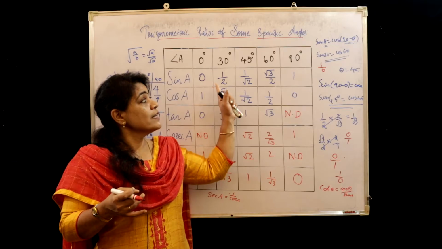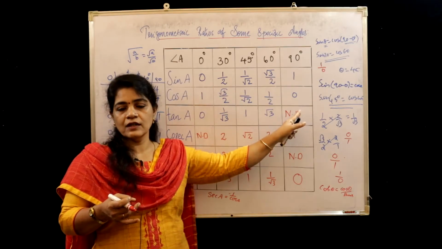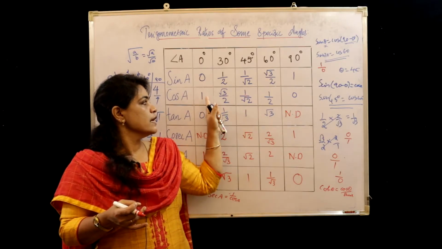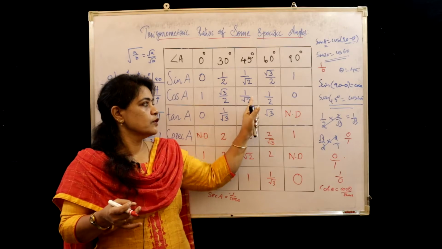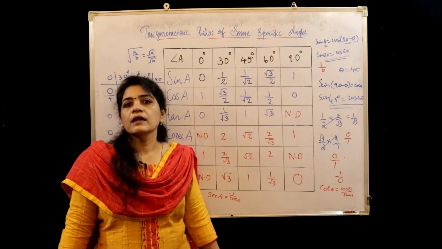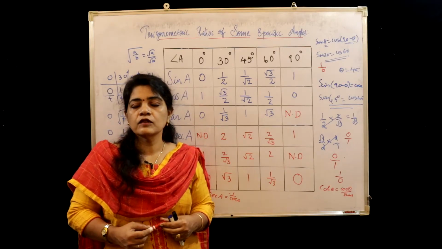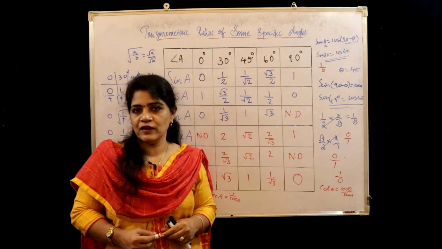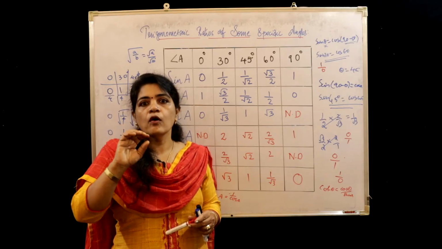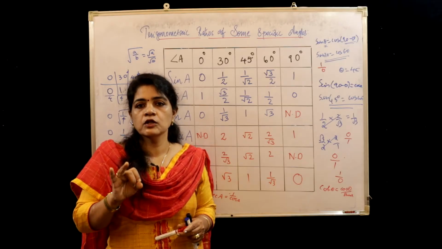After getting this first row, just take the reverse order to fill the second row, that is cos A, for 0, 30, 45, 60, 90, so that you can easily get all the remaining columns. This is all about the values of trigonometric ratios for some specific angles. The only thing is to get the first row, either by hearting it, 0, 1 by 2, 1 by root 2, root 3 by 2, 1.